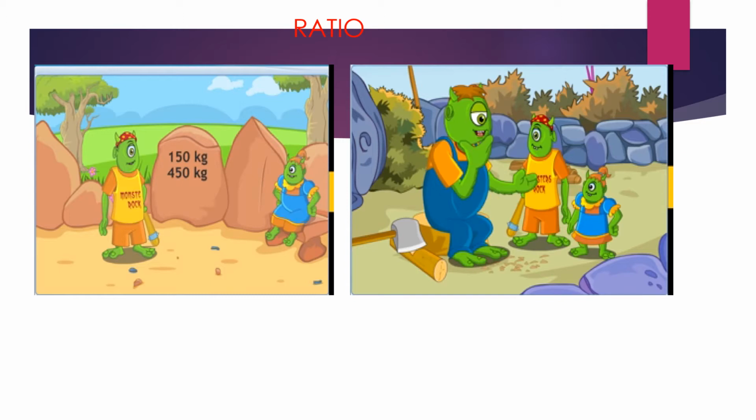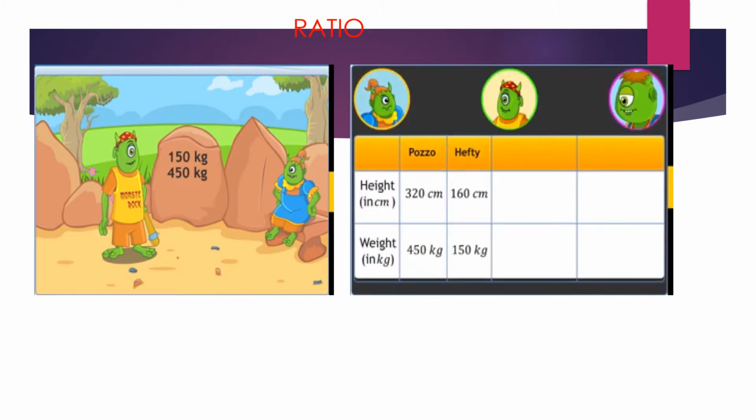That's an interesting question. Time to introduce you to the world of ratios. Let me take a look at your heights and weights. Height and weight are measured in centimeters and kilograms, respectively. We can compare two quantities using subtraction.